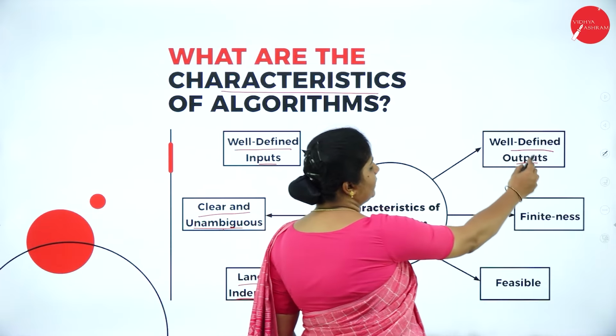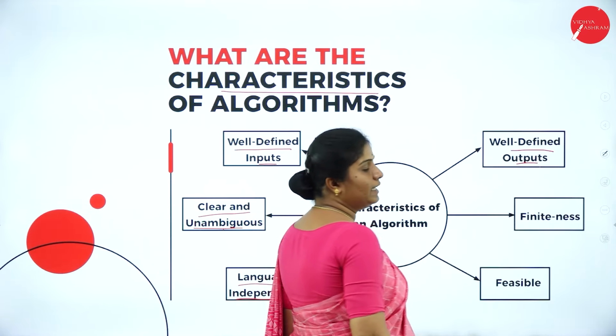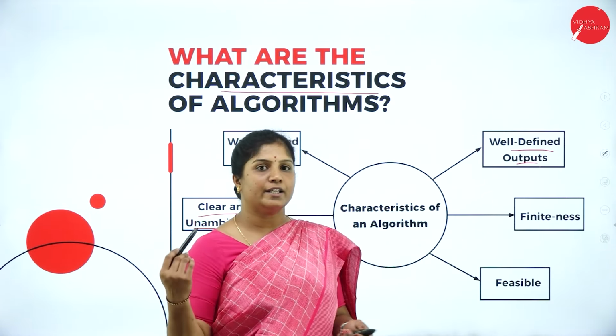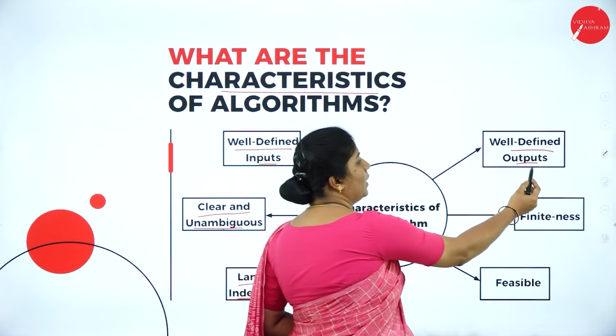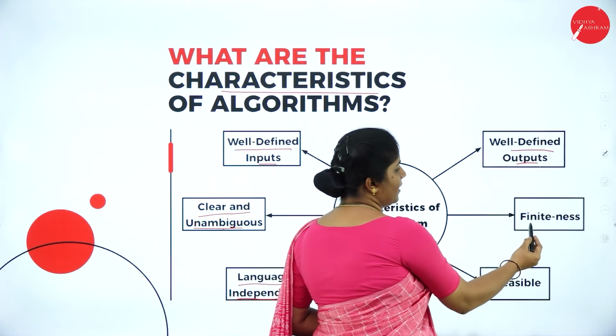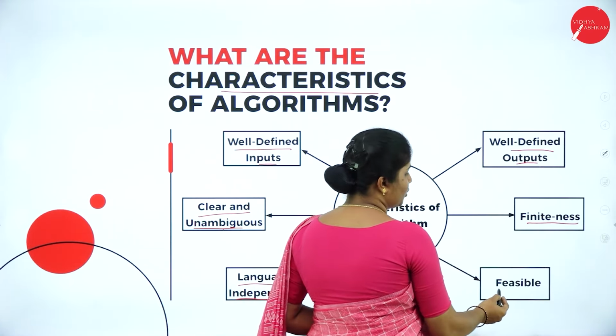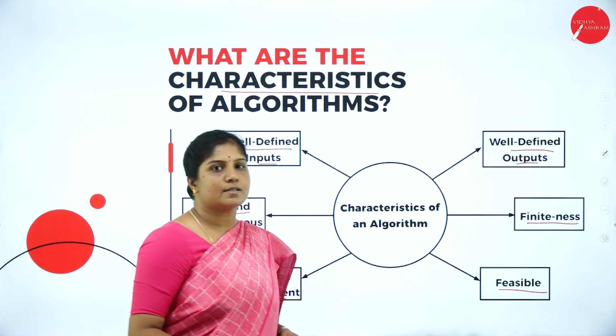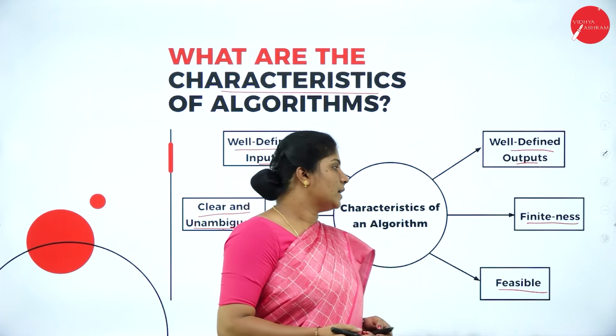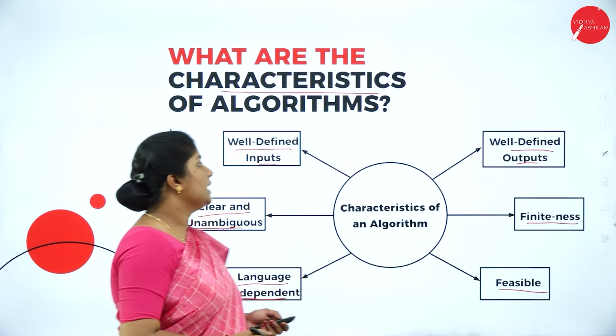If we give well-defined inputs, we should get well-defined outputs. It should have finiteness and it should be feasible. These are some of the characteristics. Let us now discuss one by one.